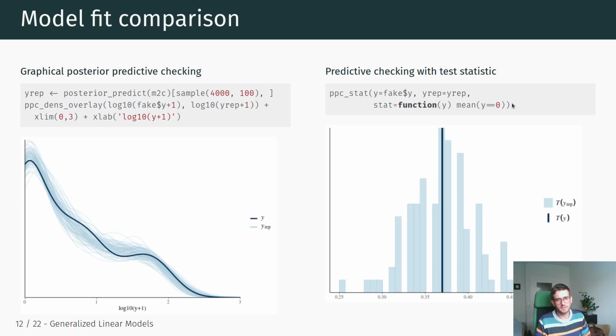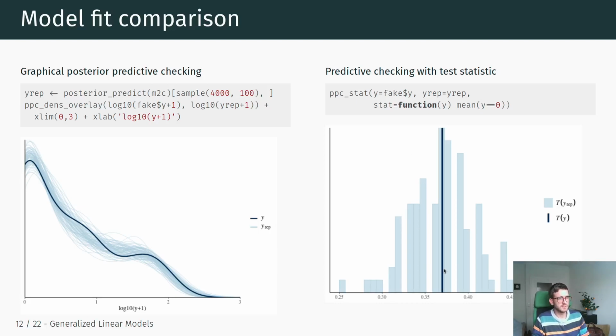To evaluate whether we need to expand this model and include the zero inflation aspect, we can check test statistics where we look at the proportion of zeros both in our actual data distribution and in our posterior predictive distribution.